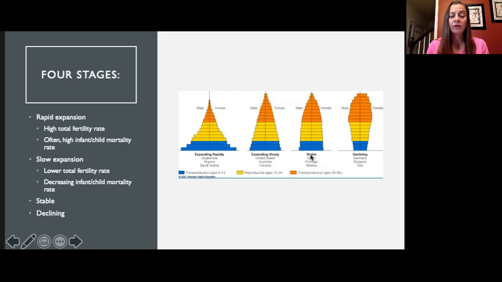And in fact, currently the US is more likely to be over here in the stable population, like most of Western Europe, Spain, Portugal, and Greece. Then in the declining populations, these are what we sometimes term post-industrial nations. These are things like Germany, Japan, Italy. So they have declining populations.